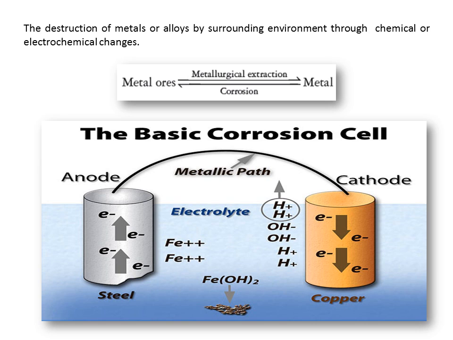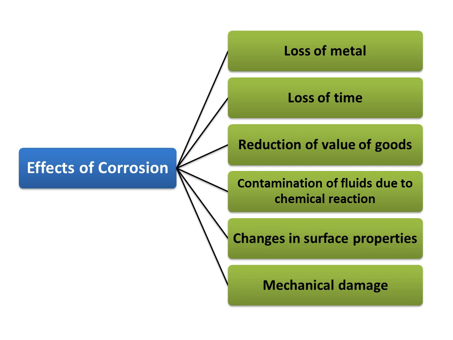So it is the destruction of metal or alloy by surrounding environment through chemical or electrochemical changes. This is basically the basic corrosion cell, which I will be discussing in detail in the next classes.